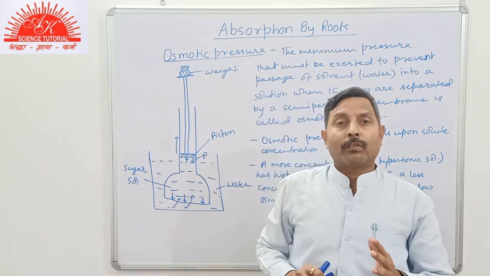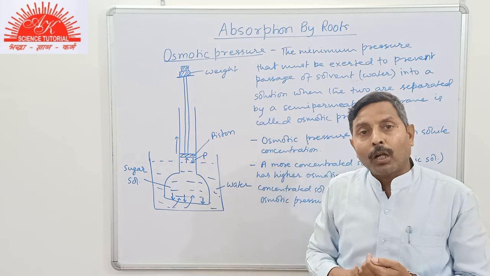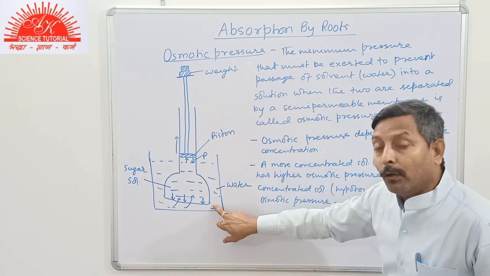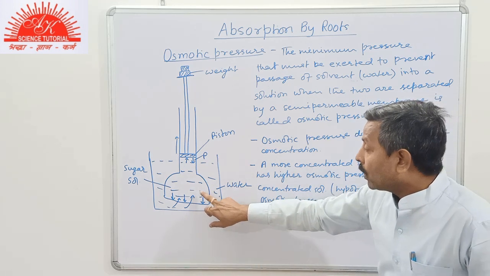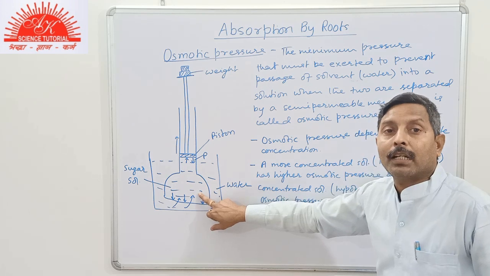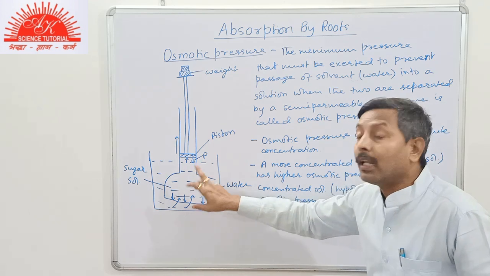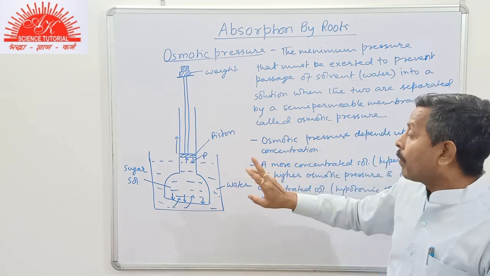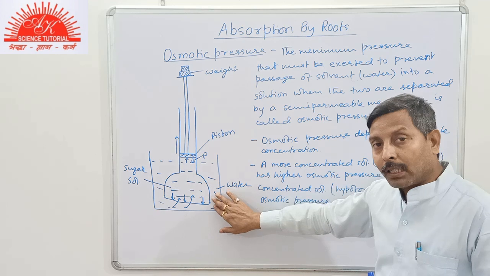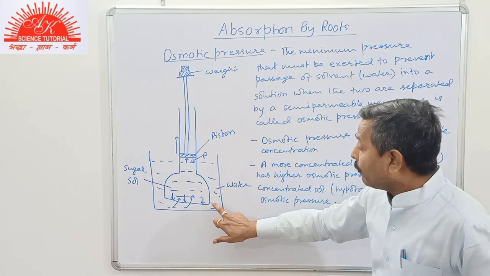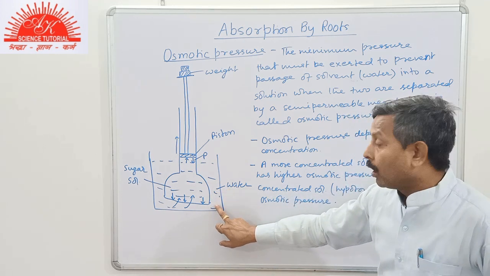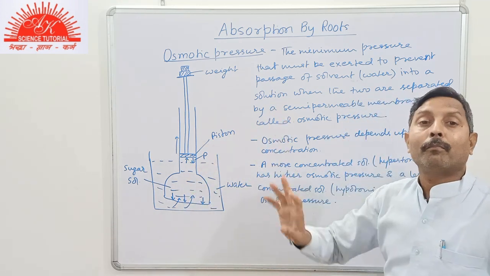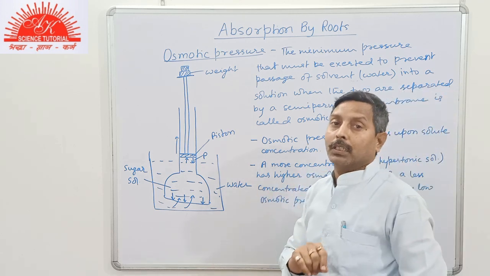The movement of solvent molecules, mainly water, from a solution of low osmotic pressure to a solution of high osmotic pressure across a semi-permeable membrane is called osmosis. Again recall, movement of solvent, mainly water, from a solution of low osmotic pressure to a solution of high osmotic pressure across a semi-permeable membrane is called osmosis.